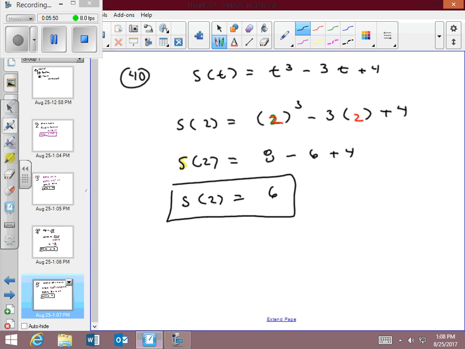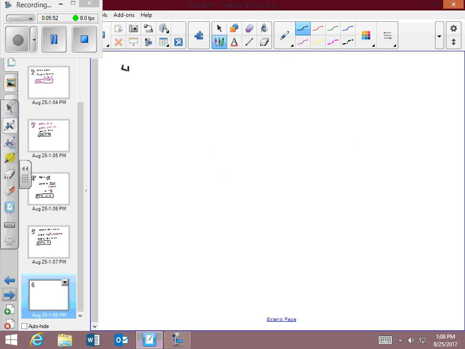Oh, 44. 44 says that you have this G function of t equals 9 minus 2t. And they want to know what G of minus 3 plus h, minus G of minus 3 is.